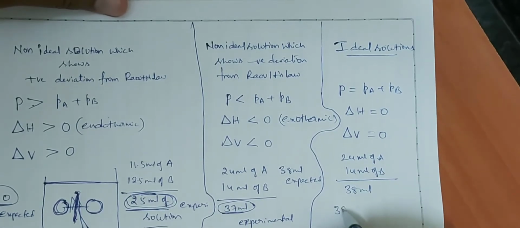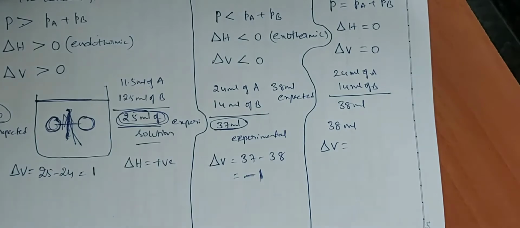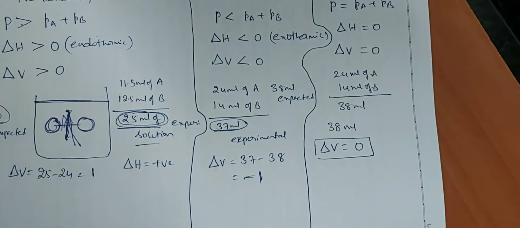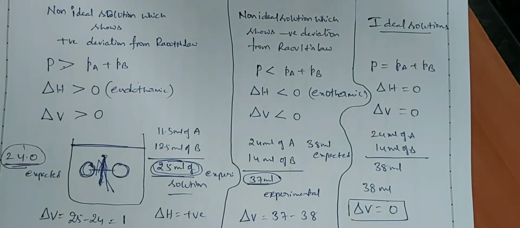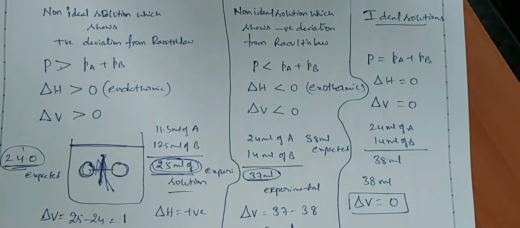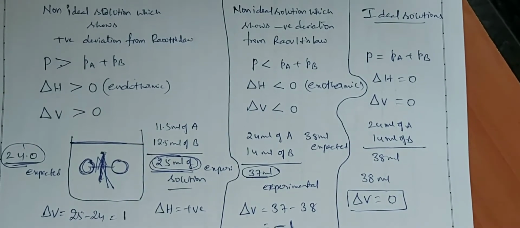Even the experimental value is also 38 ml. Delta V is equal to 38 minus 38, which is 0. This is the complete information about ideal and non-ideal solutions.